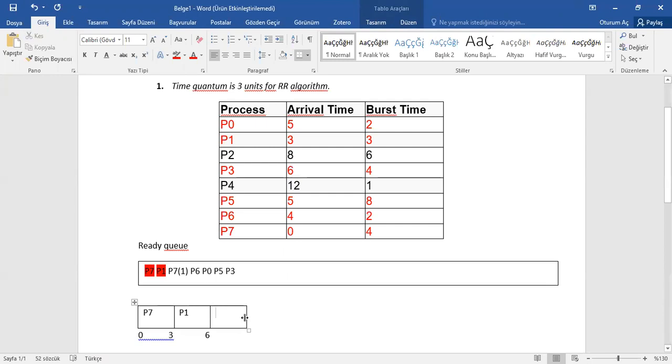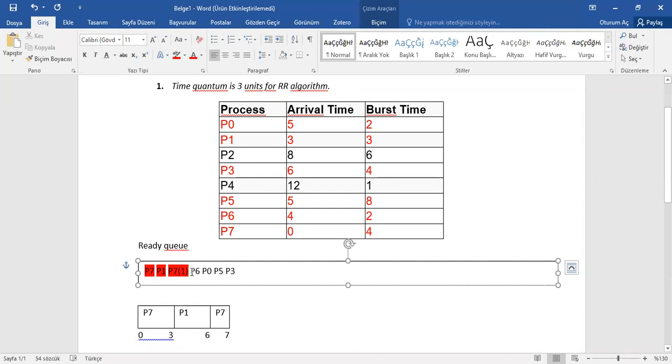So it will execute only 1 nanosecond, process 7, and it will finish execution. Okay, this one is finished. So now let's check if any process arrived at time 7. No process. This will arrive at 8. This will arrive at 12.